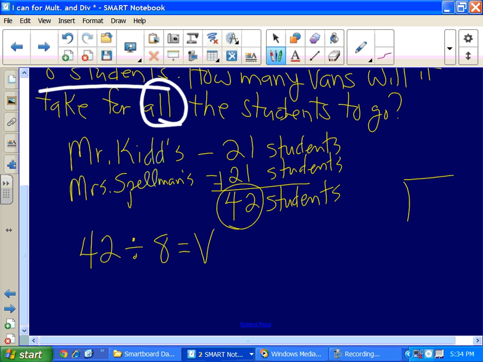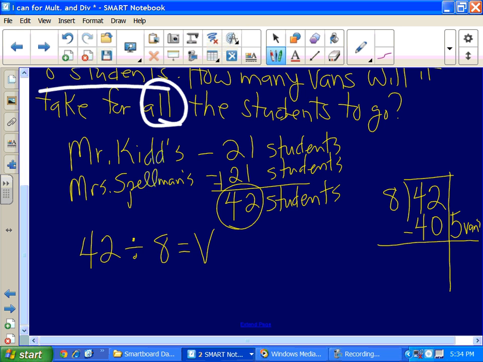If we use the forgetting method, I'm going to take my 42 students and put them in groups of 8. I'm trying to find the closest one, using up as many of these students as I can. So I know my multiplication facts. If I do 5 vans with 8 students in each van, that will take 40 students to the museum.